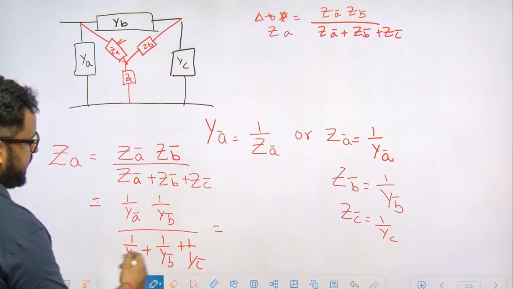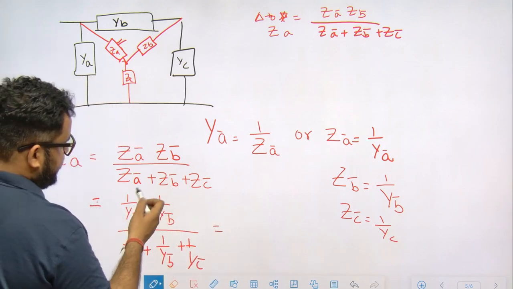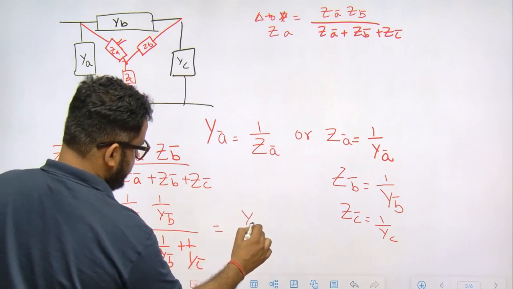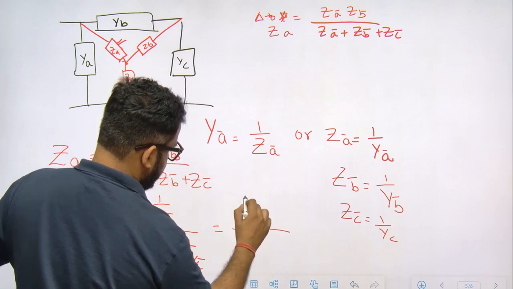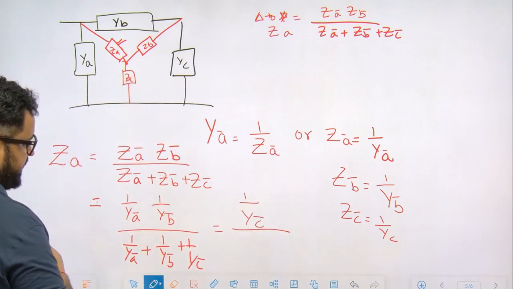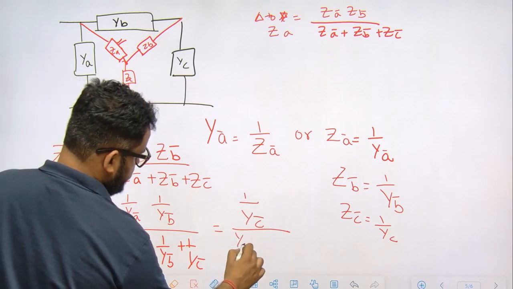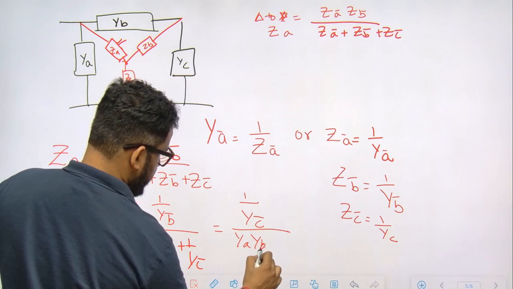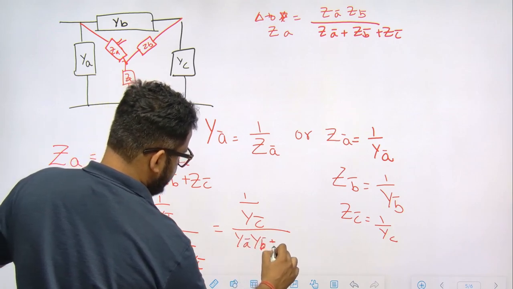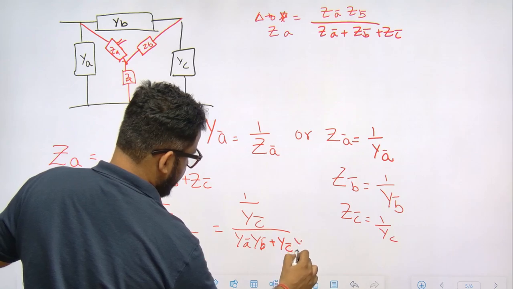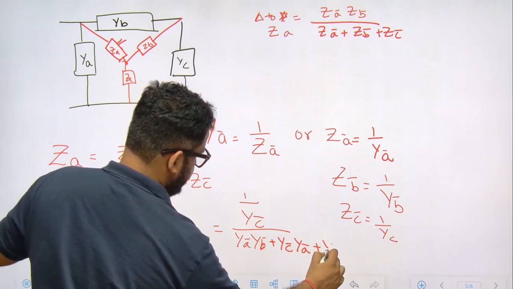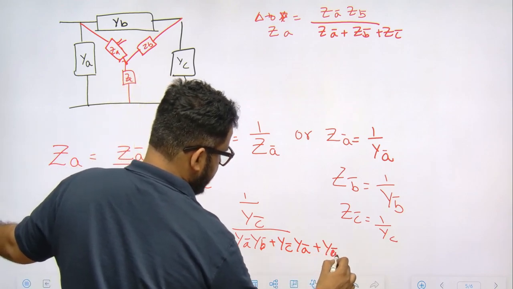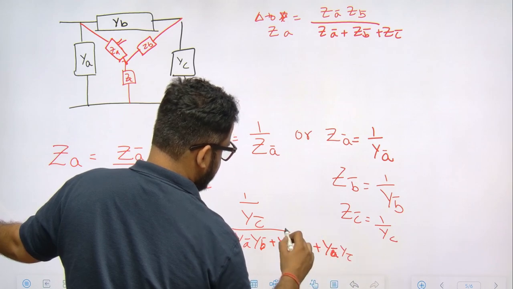So further solving it, if we take the LCM and do the further calculation, this is going to give me 1 by YC dash over YA dash YB dash plus YB dash YC dash plus YC dash YA dash, divided by YA dash YB dash YC dash.